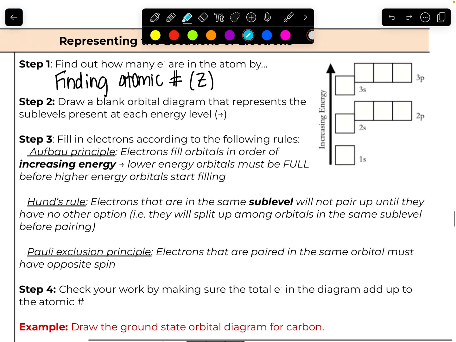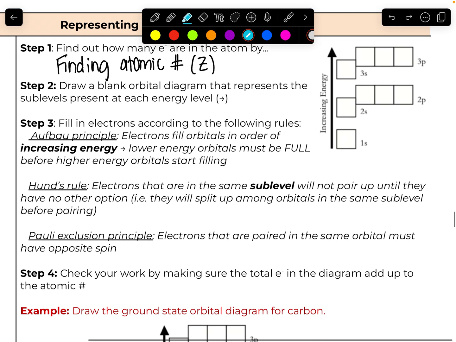There are 3 rules you learned about that teach you how electrons fill into the energy levels of an atom. The first is the most important. That's the Aufbau principle. What this says is that electrons will always fill in order of increasing energy. The reason this is important is because everything in the universe is designed to be lazy.